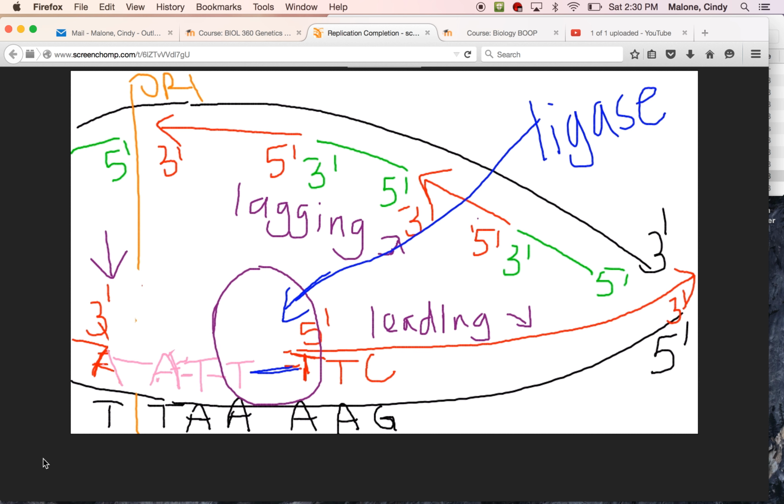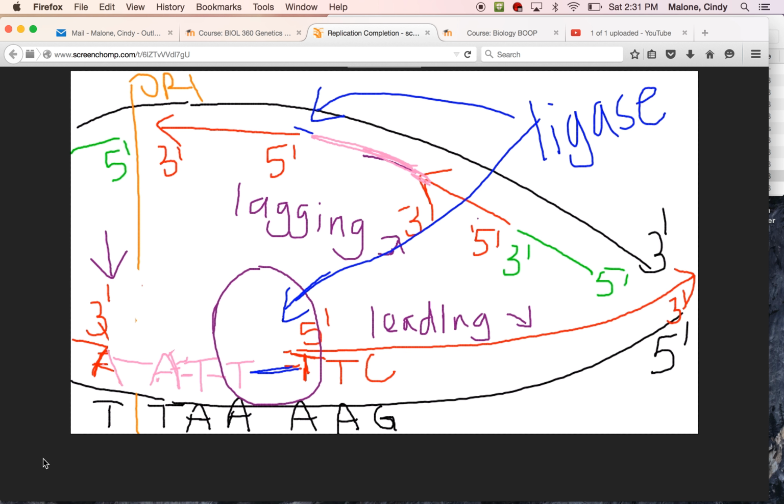Okay, so the exact same thing is going to happen up here to this one. It's going to chew it away. There's going to be that existing 3' OH over here, and we're going to fill back in, and so this is attached here. Right at this point, again, we have an issue. What happens?